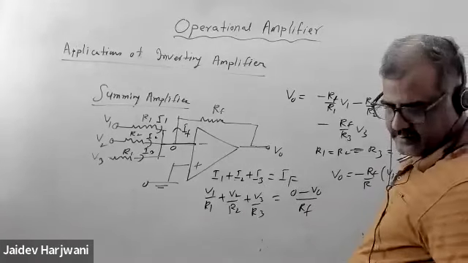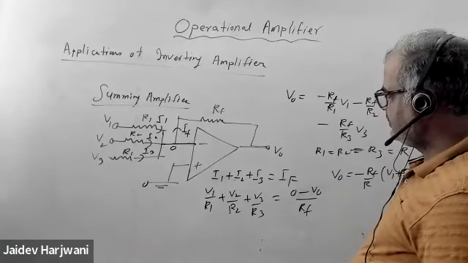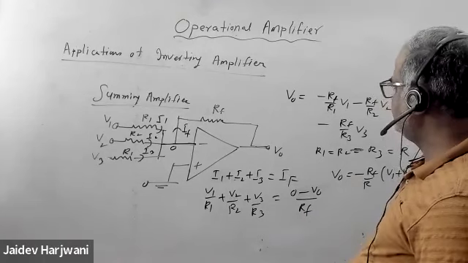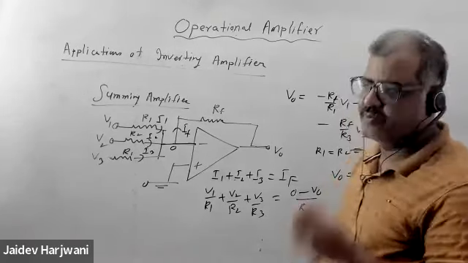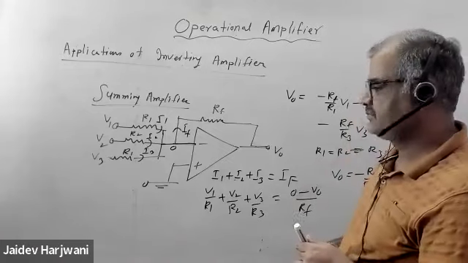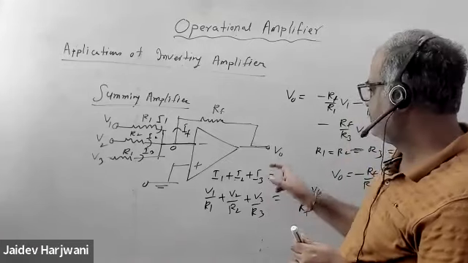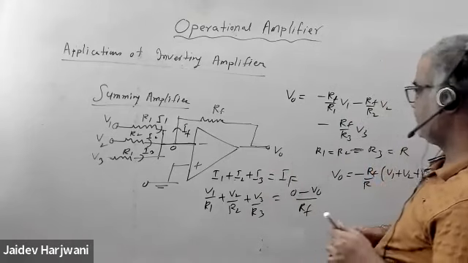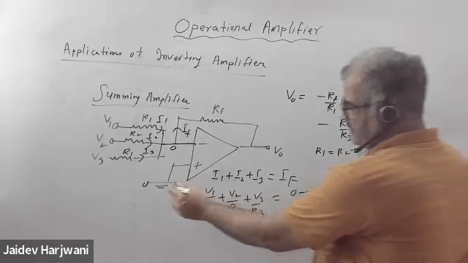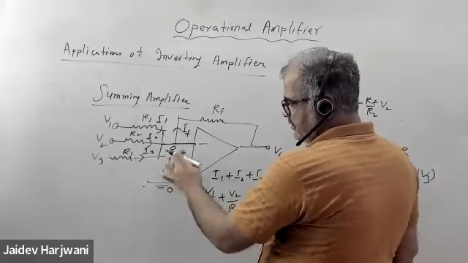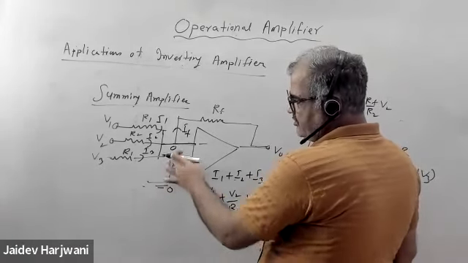Sir, why did we take zero at the inverting terminal? If this is 0, this will be 0.